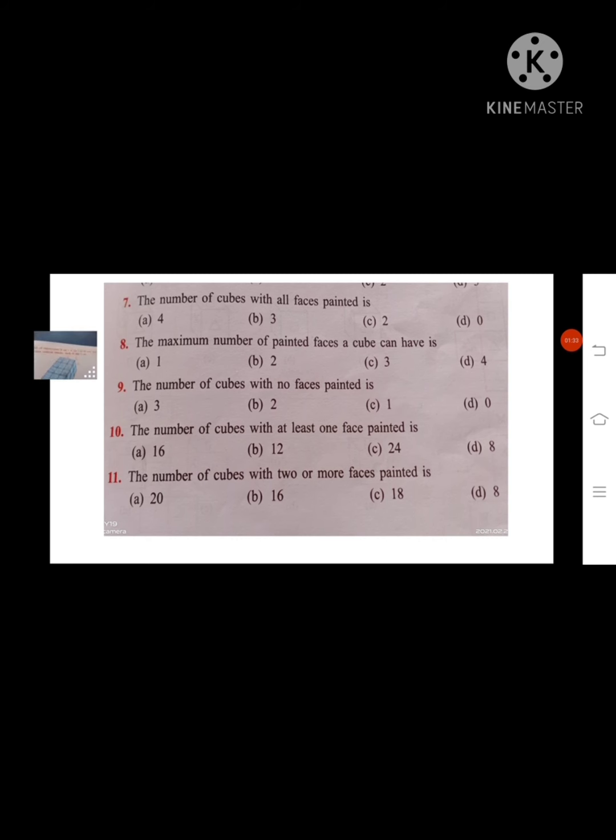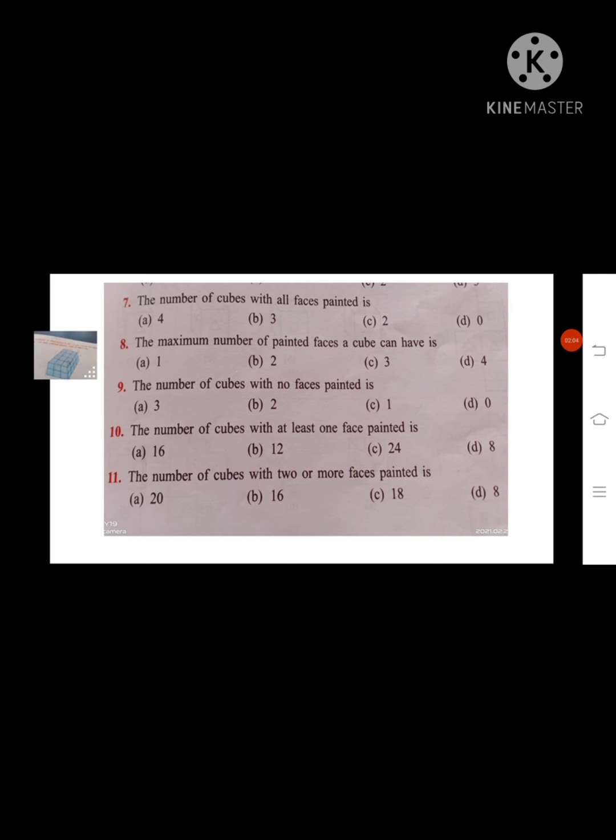So here we will see at least one face on one side, 1 and 2, and on the second side also at least one face painted. Don't count only those showing only one face. We have to count all the blocks, because all the blocks are having at least one face painted, means minimum one face painted.